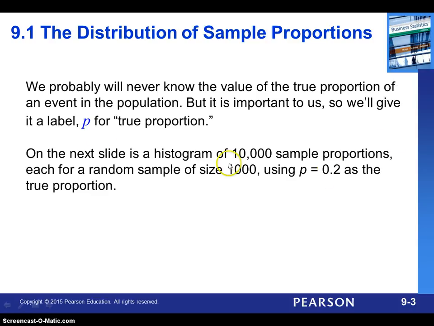Now the tricky thing is this true proportion of 0.2, we will never get that number. We're not going to talk to every DMAX student, so we're not going to actually know what that is. So what we're going to do is take a bunch of samples and see how they come out. Some might be 0.18, some might be 0.19, 0.2, 0.21, etc.